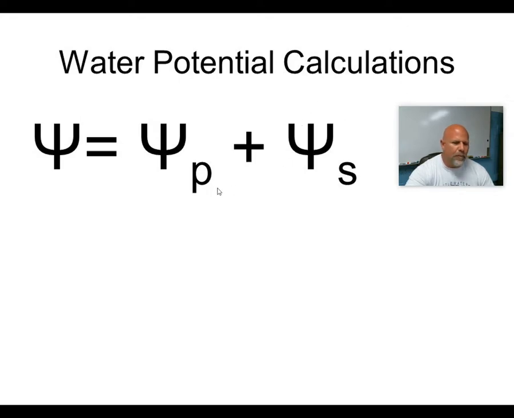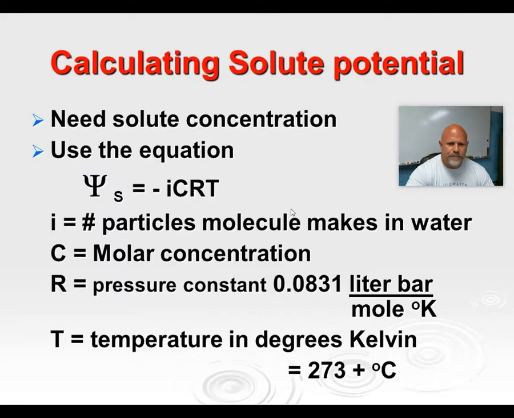If we have an open container that we're dealing with, then pressure potential is not going to be a factor. Solute potential will be the main thing we're dealing with most of the time, but sometimes pressure potential plays a role, and we'll talk about that in a minute.